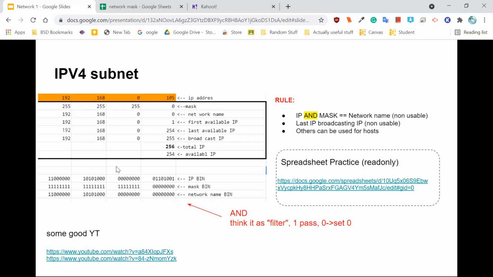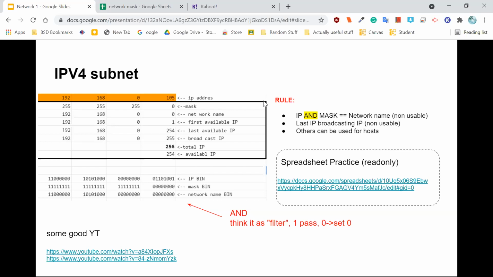I want to add in, somebody was asking about the last IP available. You can think about it this way. In this case, the mask is 255.255.255.0. That means the last 8 bits are the total number of IPs you can have, which is 254 if you calculate, 2 to the power of 8 minus 2.